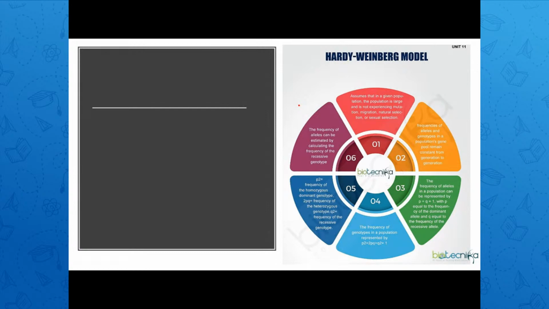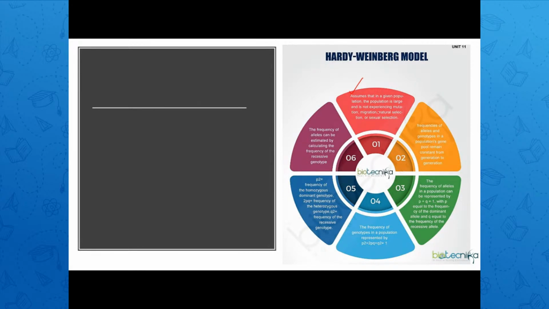In order to summarize this Hardy-Weinberg model, we can take the help of this wheel here, which is telling you that first and foremost, Hardy-Weinberg assumes that in a given population, the population is large and not experiencing mutation, migration, natural selection, or sexual selection.